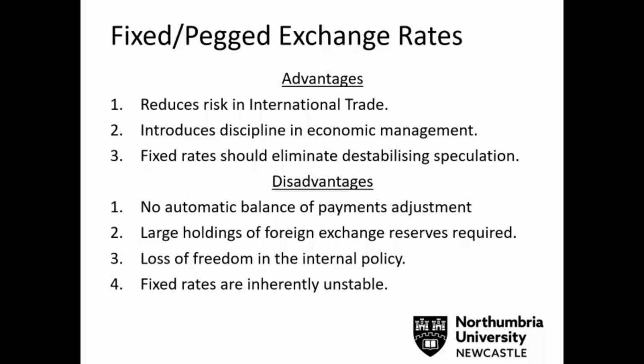However, the disadvantages is there's no automatic balance of payments. What that means is the central bank has to do something. It's not the market or the over-the-counter participants that have to do something here. The central bank has to constantly monitor this peg, and as part of their monetary policy, one of their main objectives will potentially not be to look at inflation, but be more interested in keeping this peg stable.